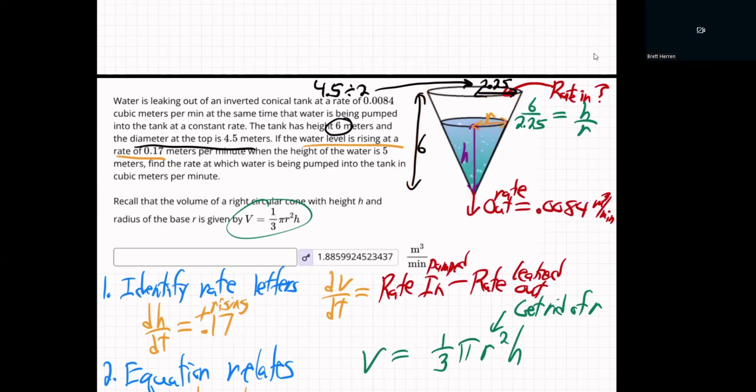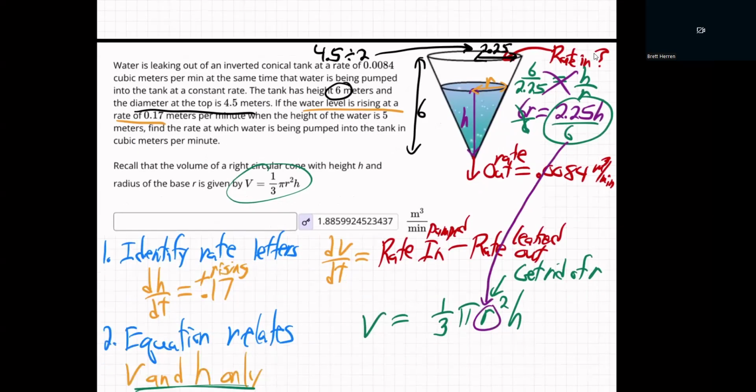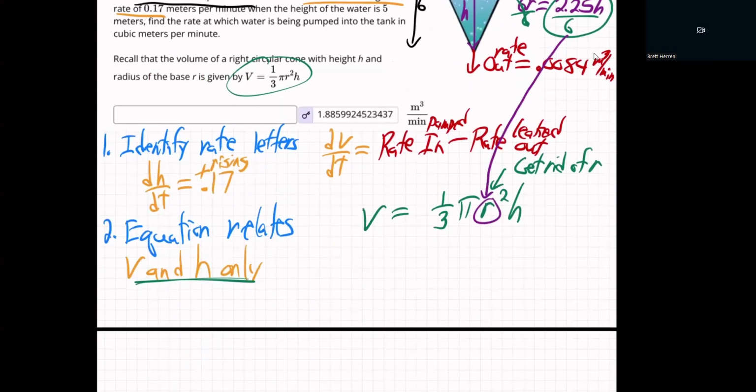Once we have that, we cross multiply: 6r is 2.25h. Finish solving for r by dividing by 6. Boom, there we go, so r is that. Plug that in for r right there, because you've got to get rid of that r. So then we have V equals 1/3 pi, and then we get to that r. What is r? Let me double check.